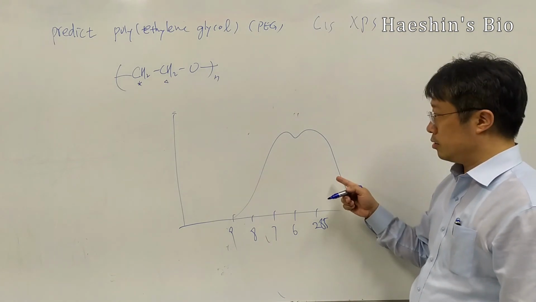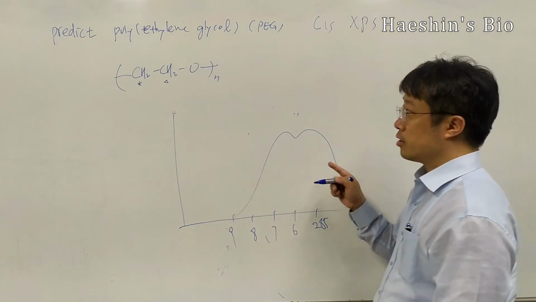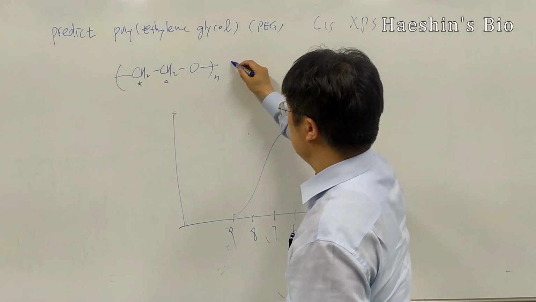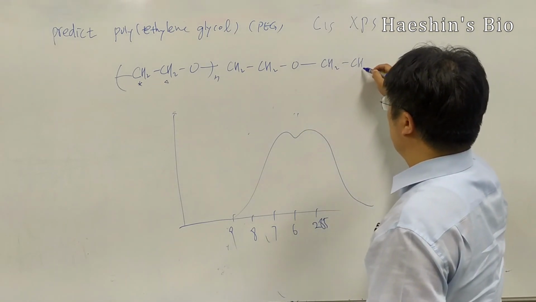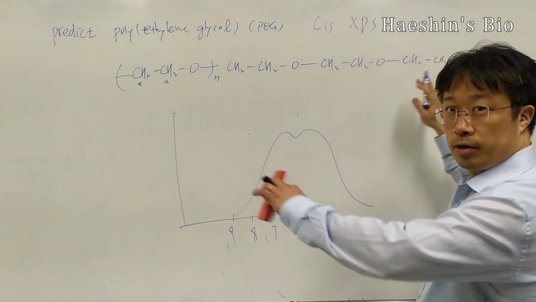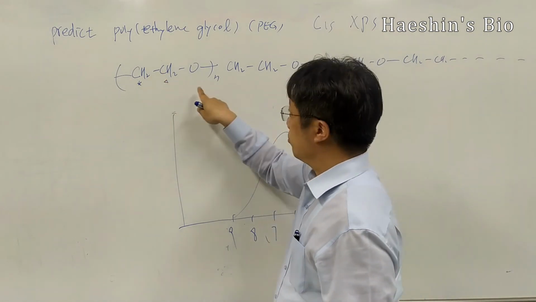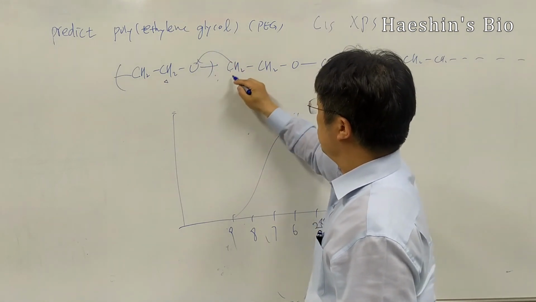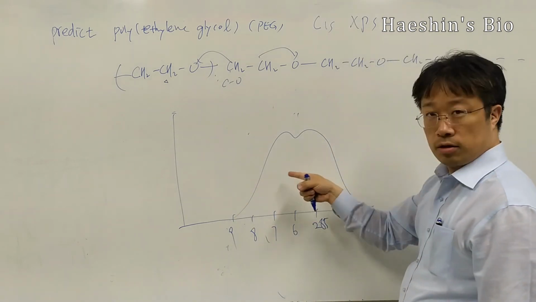If this is the correct answer you think, maybe you're wrong, because if you draw the actual structure, it's CH2, CH2O, CH2, this is repeating, right? This is a polymer. CH2 is repeating, very, very many. So actually this is not a different carbon, it's the same carbon, because this one is not an asterisk. This carbon goes here, so this is CO, influenced by the oxygen. So this is not the right answer.